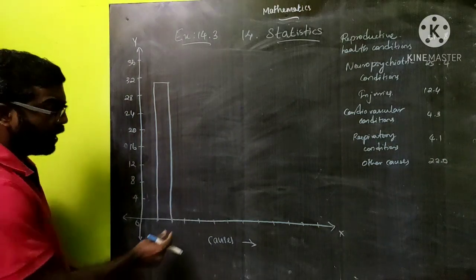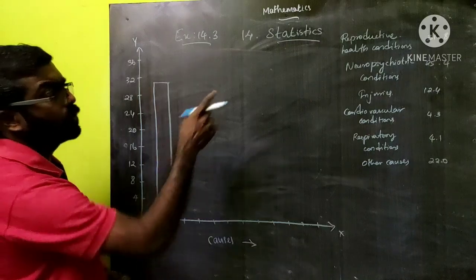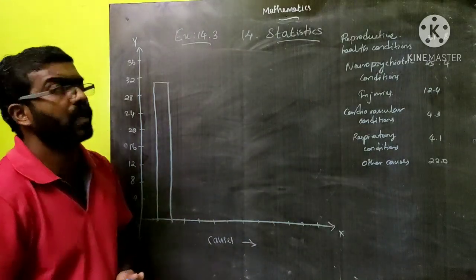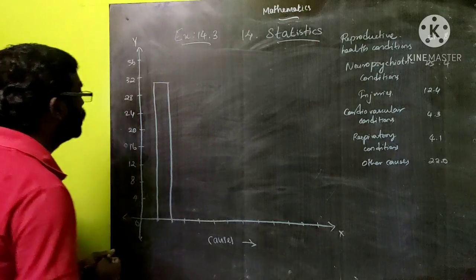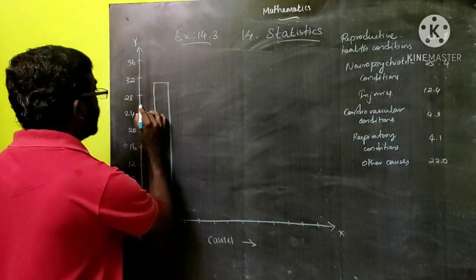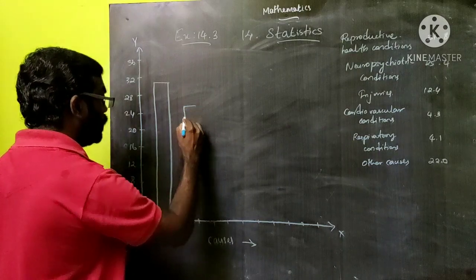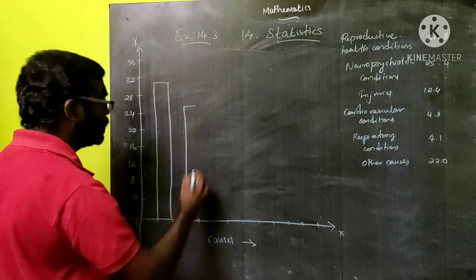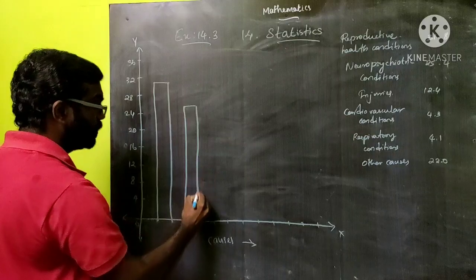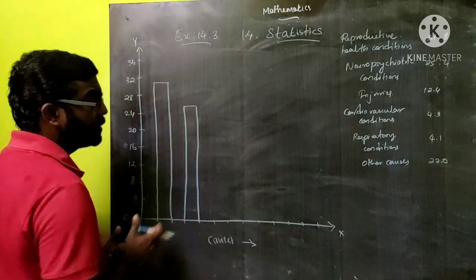Now we can leave one space. Next one is neuropsychiatric conditions, 25.4. So here we can mark approximately 25.4. Again we can leave a space.